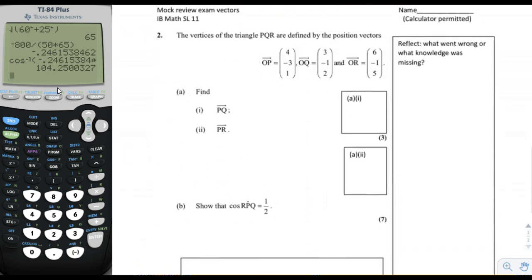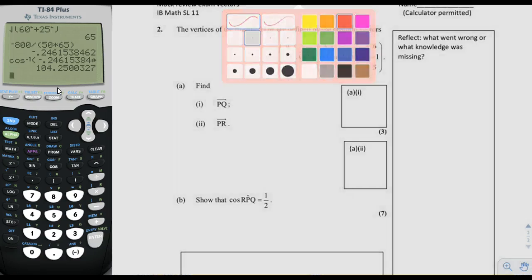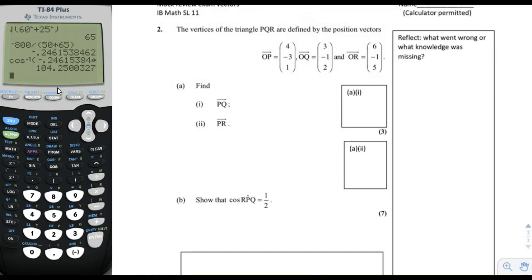The vertices of the triangle PQR are defined by the position vectors, and it gives us 3 position vectors right there. It says to find PQ. We can make PQ out of these vectors here. If we had PO and OQ, then that would give us PQ, right?